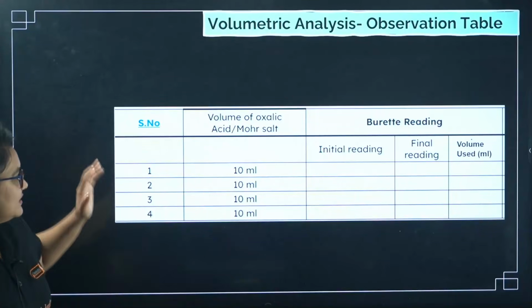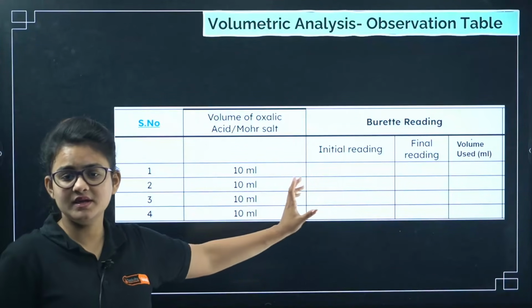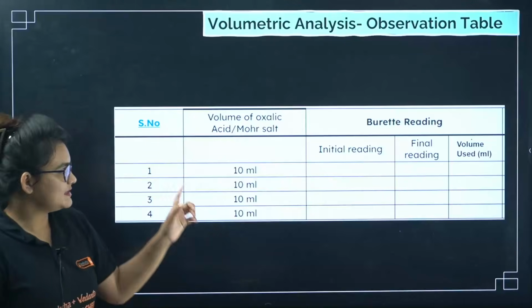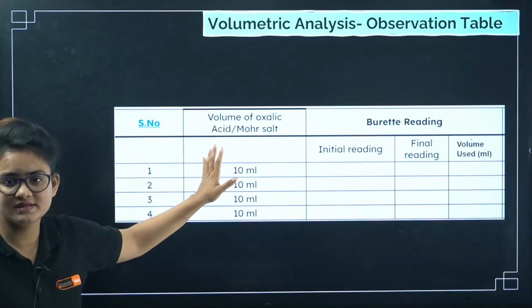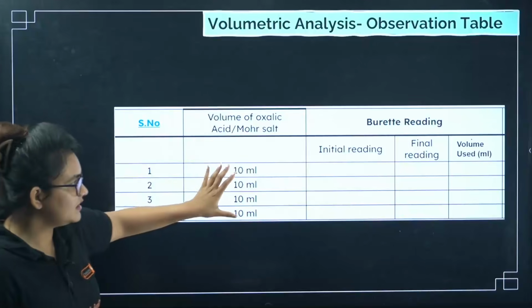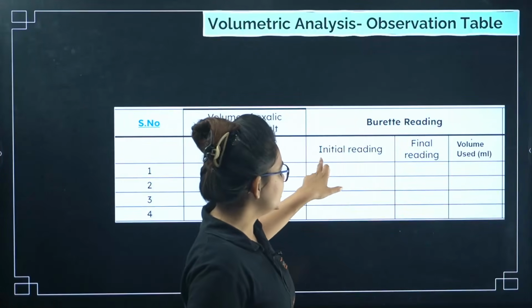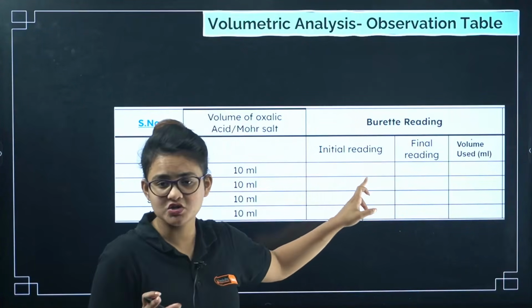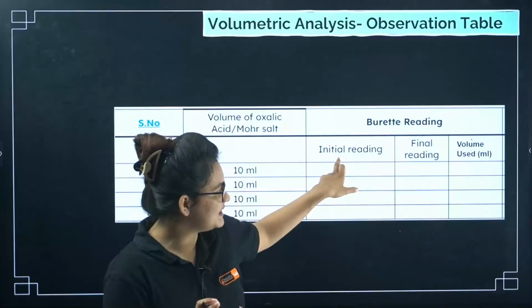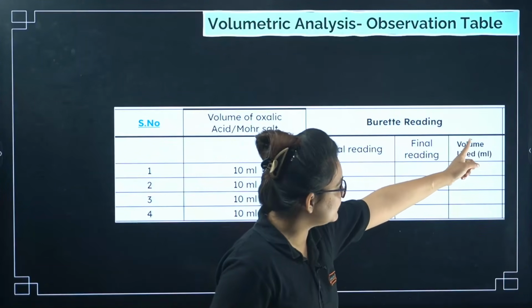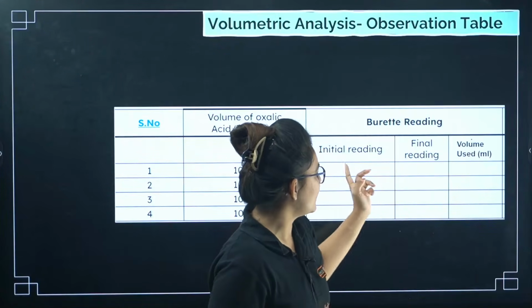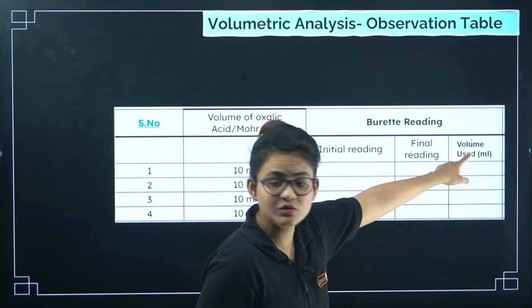Here is how you have to maintain the table in case of titration. Serial number, volume of oxalic acid or Mohr's salt, whichever is given, and the burette reading, initial reading and final reading. Please make sure you don't write ml in the initial and final readings; it will be the reading only. But whenever you write the volume used, which is final minus initial, then you write the ml.